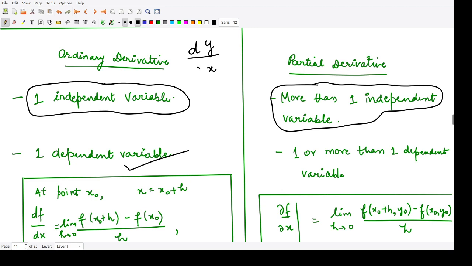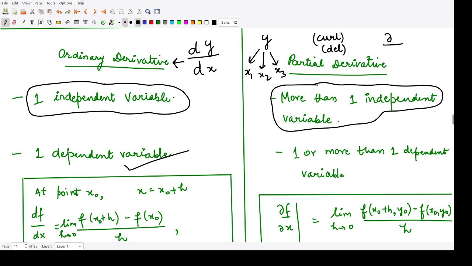So dy by dx, that represents the ordinary derivative, whereas the partial derivatives, suppose y is some function, dependent variable, and it is a function of independent variables, say x1, x2, x3. So suppose three independent variables. Okay. So we can define the partial derivative. It is represented by this curl symbol, or some people say this to be del.